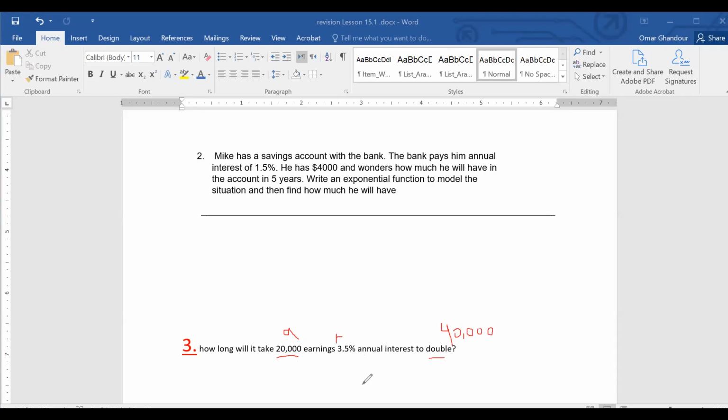So let's write the equation. Y equal A, which is 20,000, multiply, we are going to turn R. R is going to be 3.5 over 100, so 0.035.